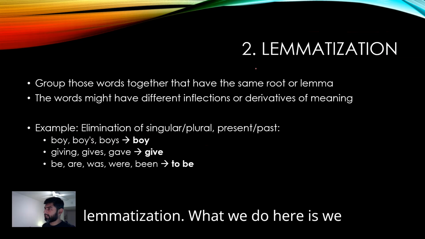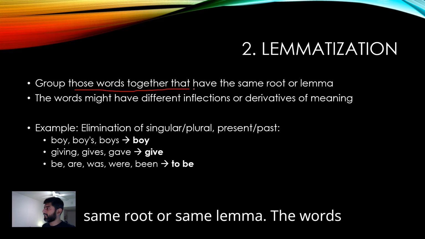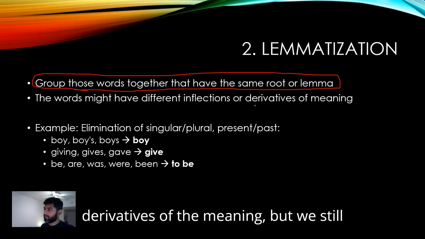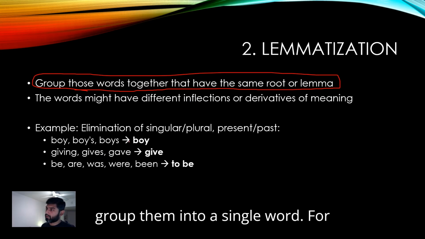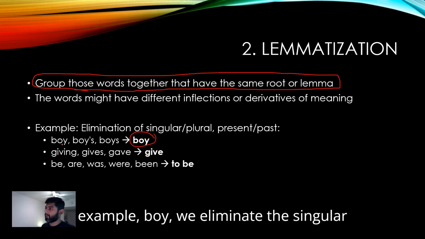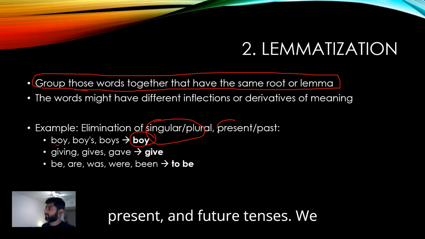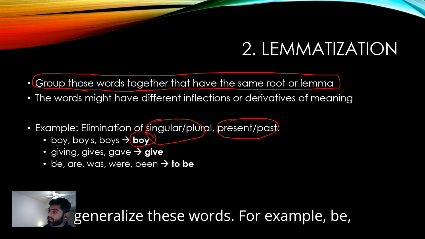Another way is lemmatization. What we do here is group together words that have the same root or lemma. The words might have different inflections or derivatives of the meaning, but we still group them into a single word. For example, we eliminate singular and plurals, and we eliminate the past, present, and future tenses. We generalize these words.